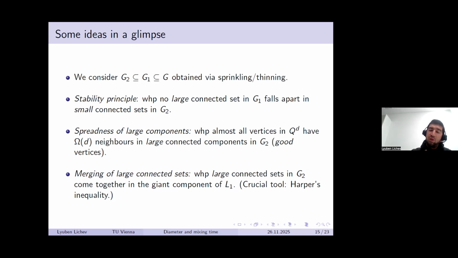This large connected piece had a large connected subpiece. And then we went from G2 to G. And this large connected subpiece with high probability needed to be part of the giant component. So this is essentially the proof in a glimpse.